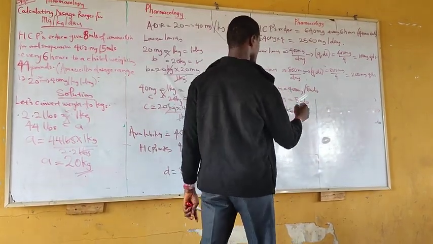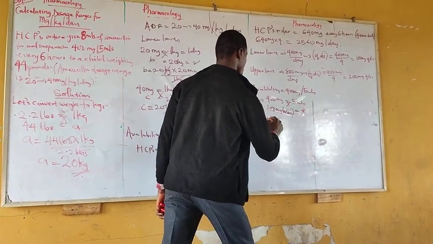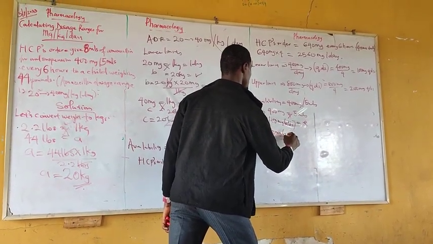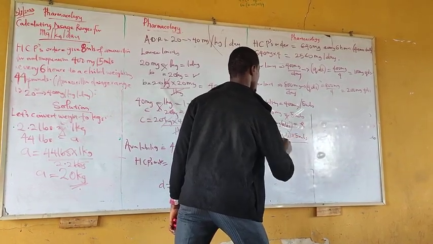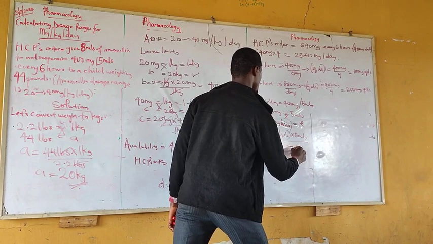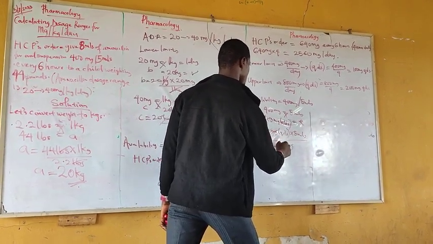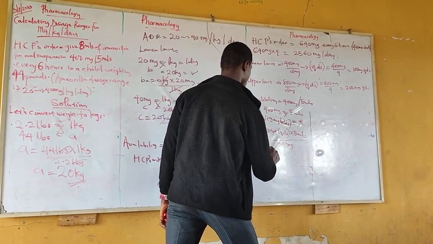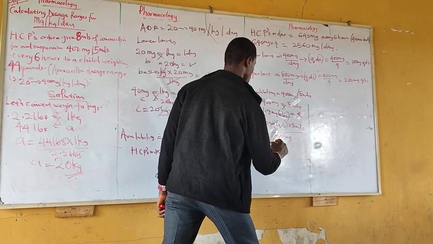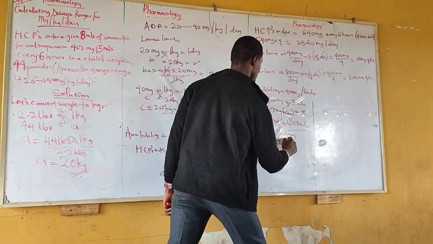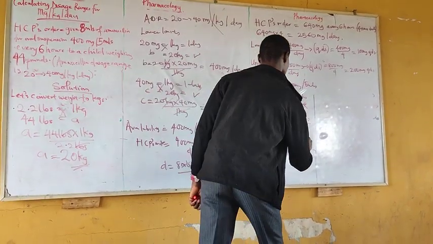Let's call it E. So my E will be 100 milligram QDS times 5 mls over 400 milligram. Milligram cancels milligram, 100 there, remaining 4. So we have 5 over 4. So 1 point what? 1.25 what? mls.